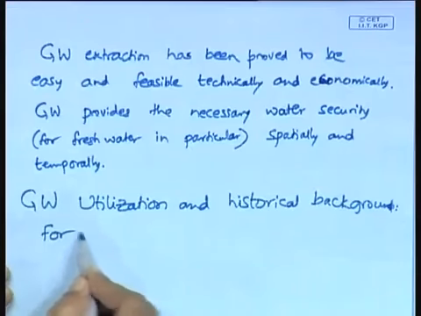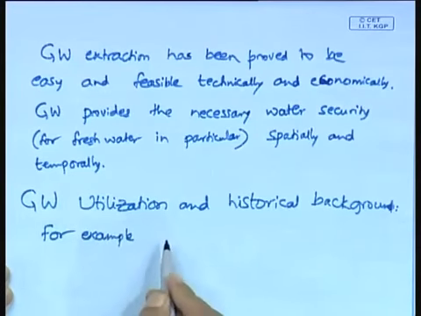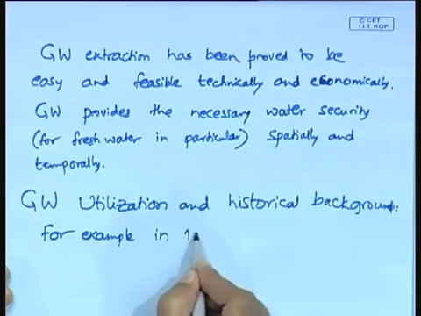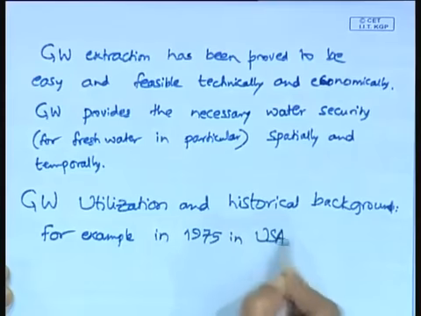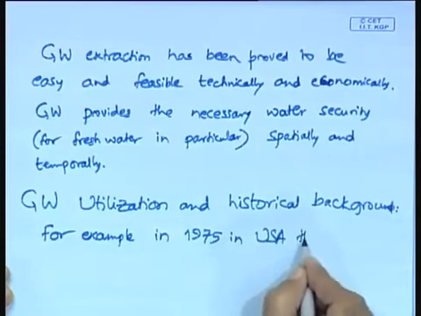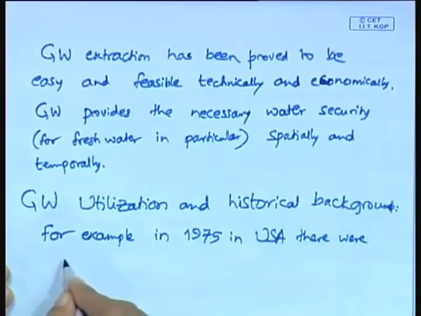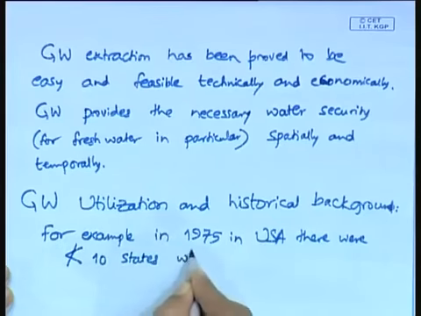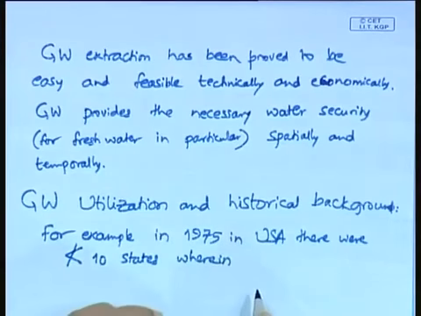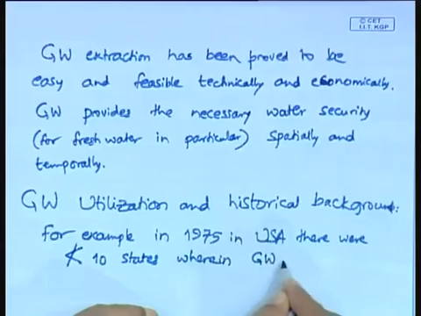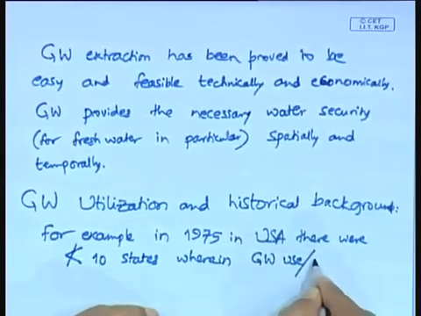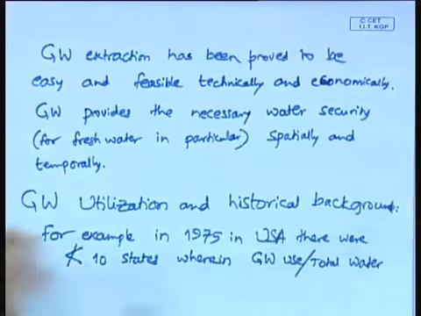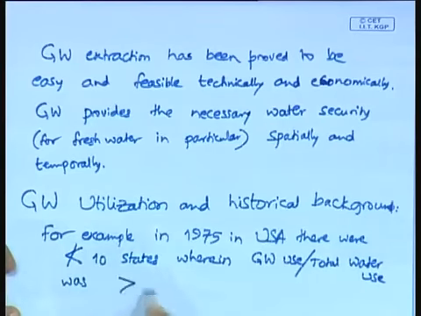So, for example, in USA, in 1975, there were not less than 10 states wherein groundwater use divided by total water use was greater than 50%.